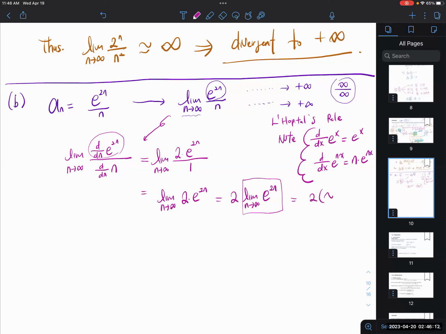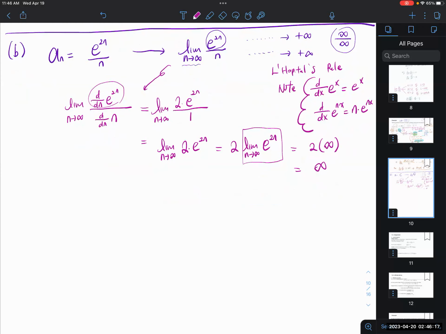So 2 times infinity is infinity, correct? Doesn't matter what number you multiply with infinity, it is infinity. Therefore, a_n is convergent. Oh, sorry, not convergent. It's divergent, my bad. The a_n sequence is a divergent sequence to positive infinity. That's your conclusion. So that was the second example, B.